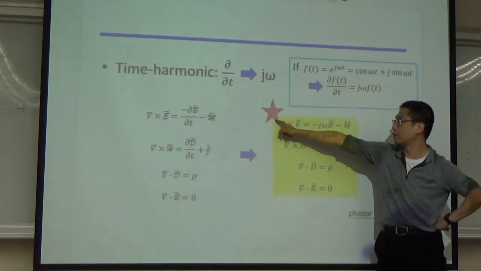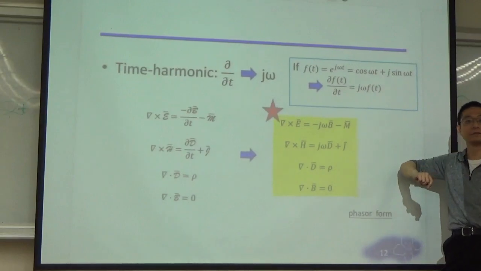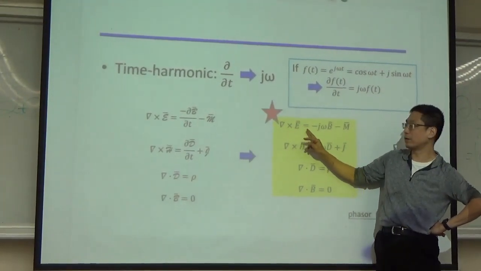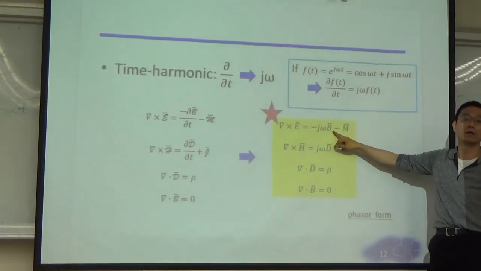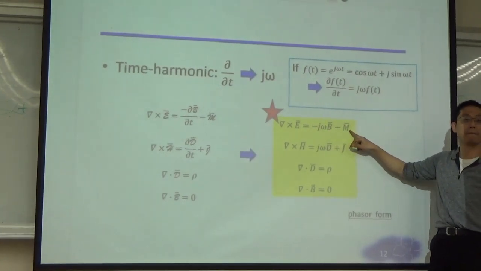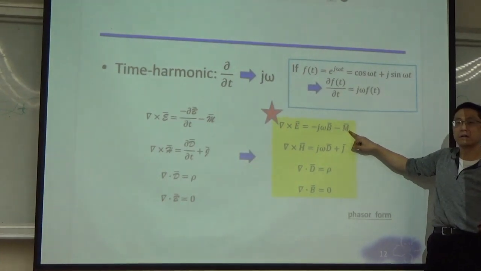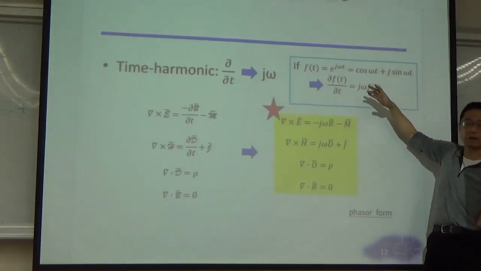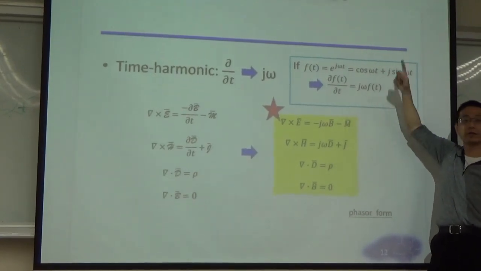And I use a red star here. Okay? If you take the curl of the E field, it equals minus j omega times the magnetic flux density, minus M. The M is the magnetic current density. You will see a definition.